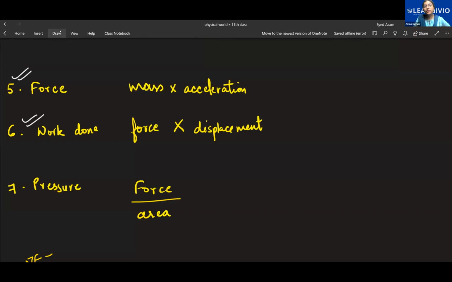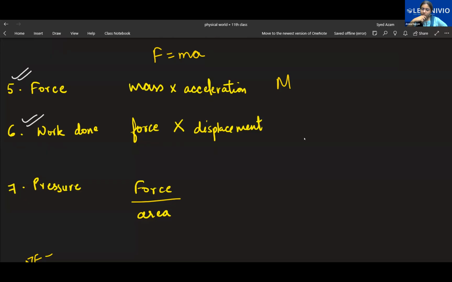If you remember your class 9, you did Newton's laws of motion. There a formula was F is equal to ma. Can you recall? F is equal to ma, right? Here m is mass. Now you have written the dimensional formula of acceleration. Iqra, what's the dimensional formula of acceleration?